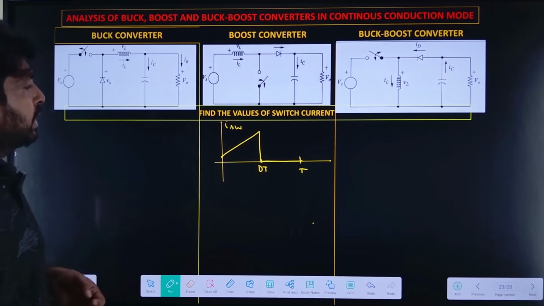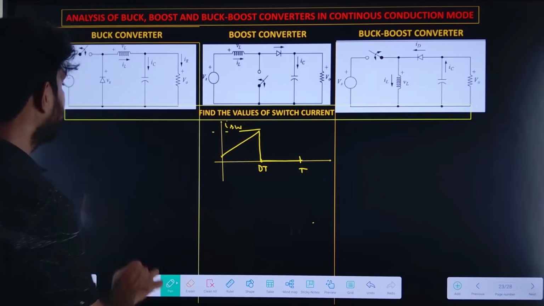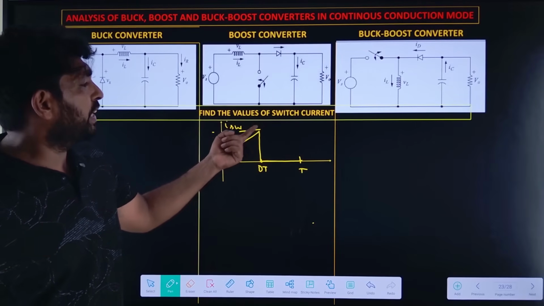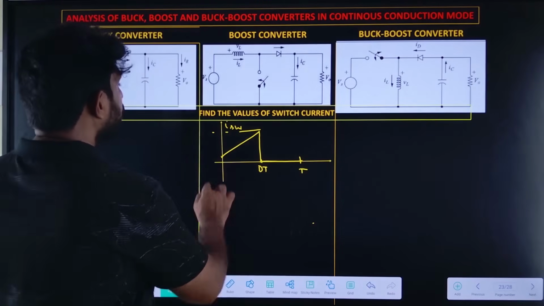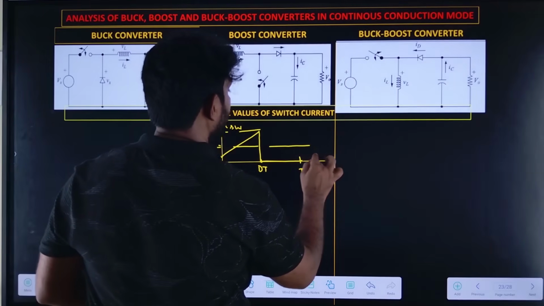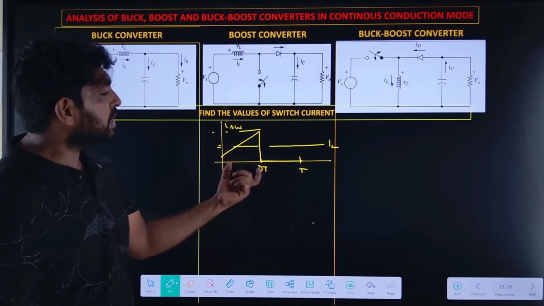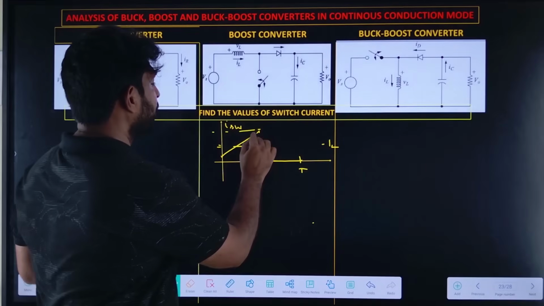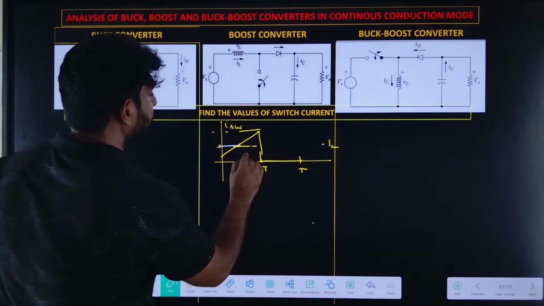During 0 to DT, the maximum value of the switch current is equal to IL max. The slope depends on the converter topology, but it is similar. This is the IL waveform. The IL average will exist in between; let me draw the IL average with a different color.